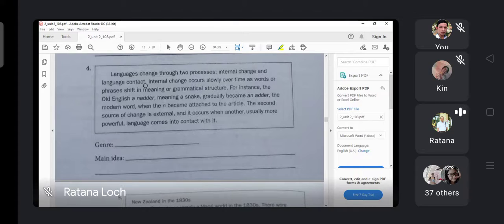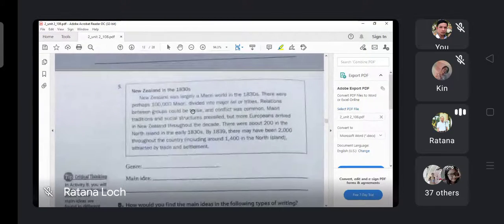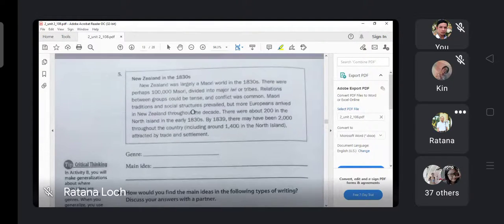But in writing, you have to explain, right? You have to write it as a sentence. Okay, so the last one, number 5, New Zealand in the 1830s.